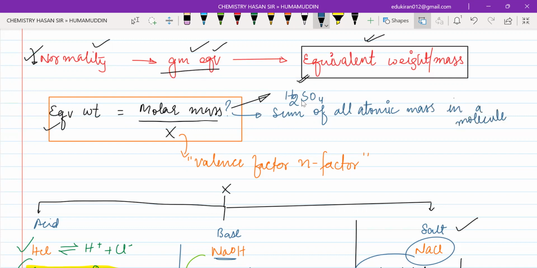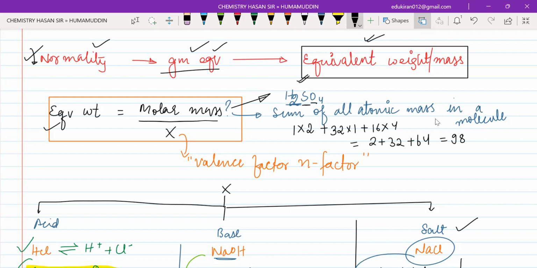So, do you know what is the mass of hydrogen? It is 1, and there is two hydrogen, so you are going to multiply it by 2. Then plus, what is the atomic mass of sulfur? That is 32, and there is only one, so you are going to multiply it by 1. Plus, what is the atomic mass of oxygen? That is 16, and you are going to multiply it by 4 because 4 oxygen is there. And now simply you are going to simplify it, and you will get the molar mass.